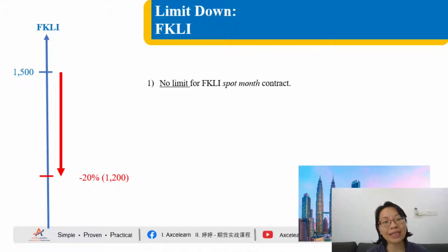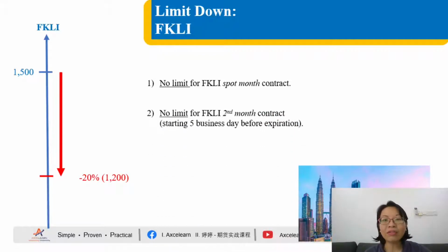So in Malaysia, except for spot month, we don't have a limit. For spot month, they don't impose any limitation, I believe, because it tracks FBM KLCI very closely. So you don't need another layer of limitation or rules, because your FBM KLCI will trigger the circuit breakers at 10%. FKLI will need to stop in tandem as well.